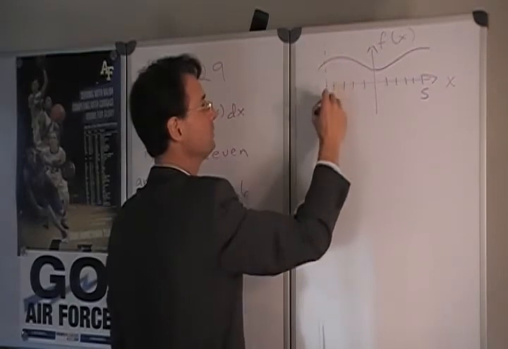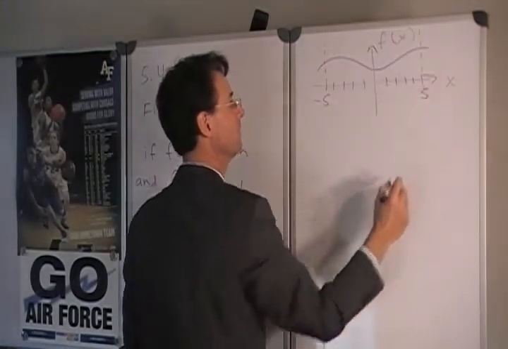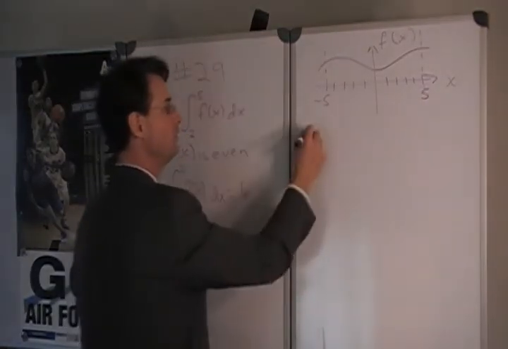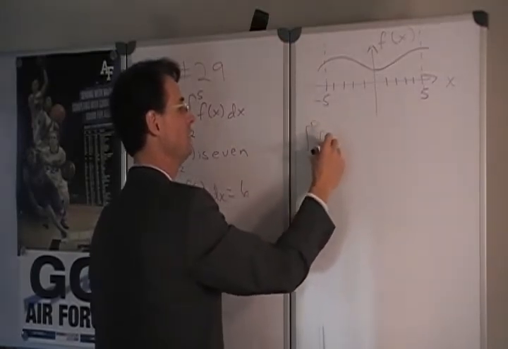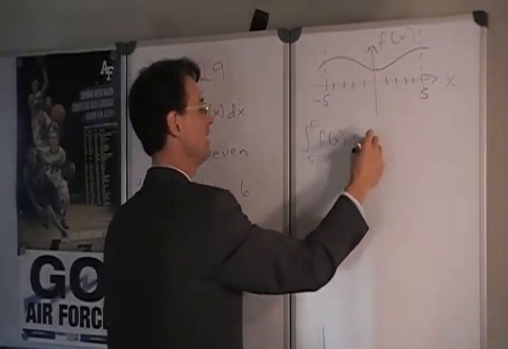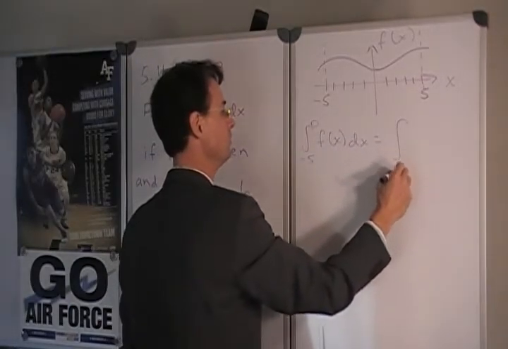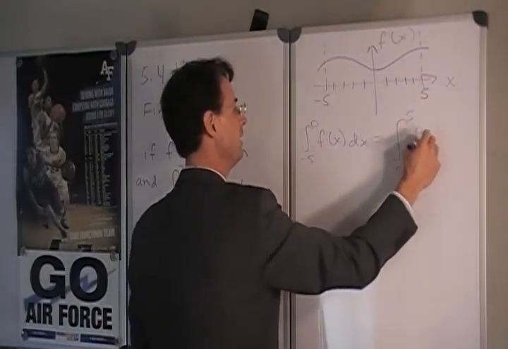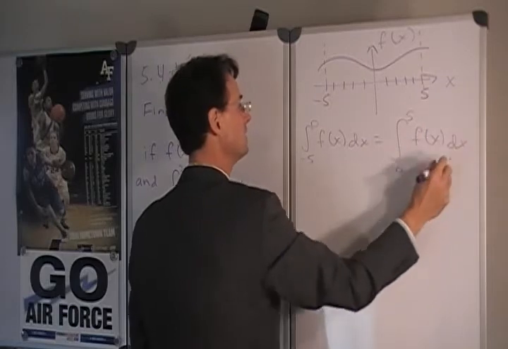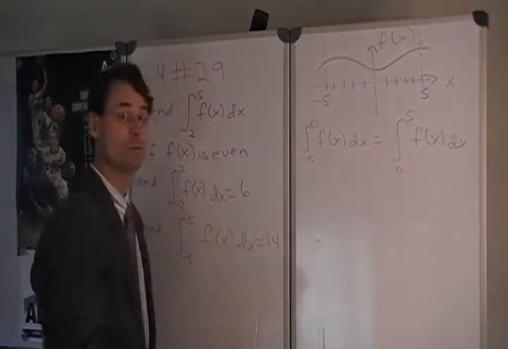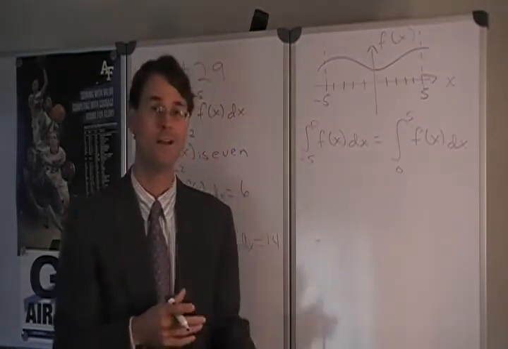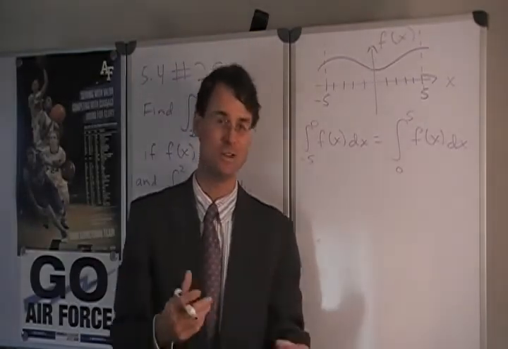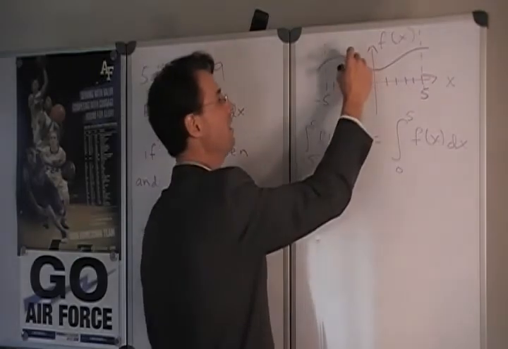In other words, one of the things that we know is that the integral from negative 5 to 0 of f of x dx has to be equal to the integral from 0 to 5 of f of x dx, because these two regions, these two areas, are mirror images of each other.